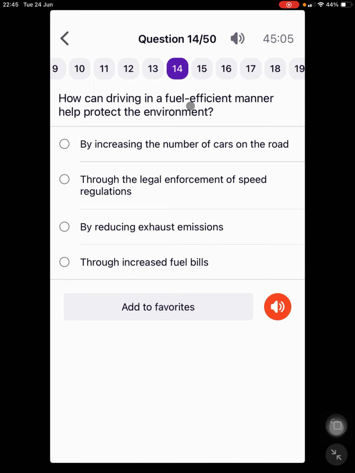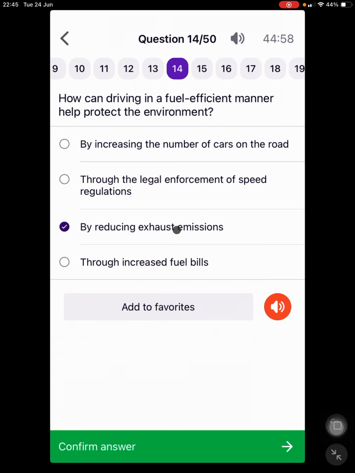So how can driving in a fuel efficient manner help protect the environment? By reducing exhaust emissions. Which basically means if you're not going far, you should walk or cycle.